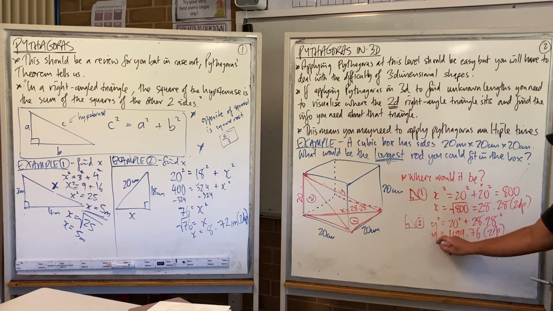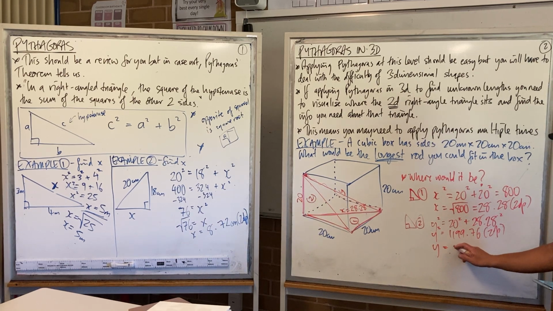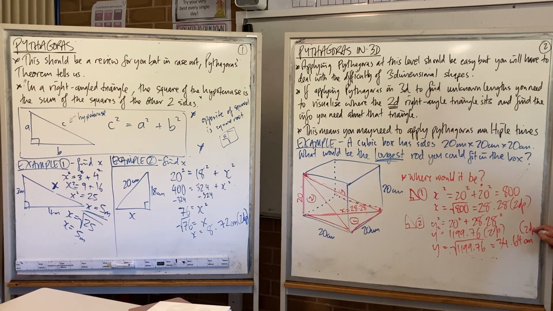What's the opposite of squaring something? Square root. So y is the square root of 1199.76. That comes to, on my calculator, 34.64 centimeters rounded to 2 decimal places.